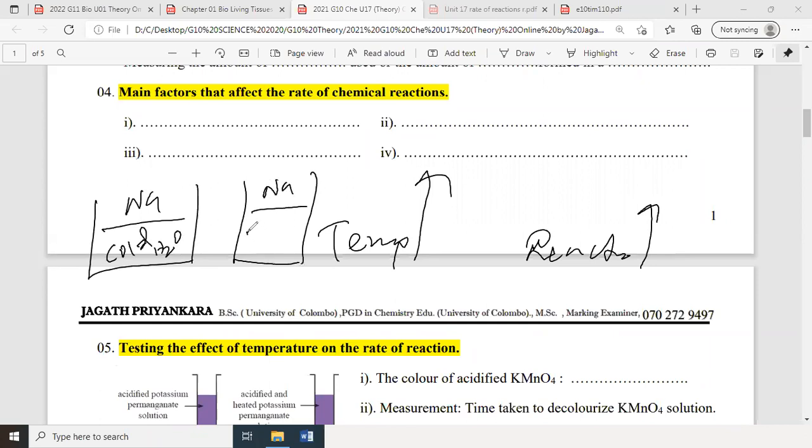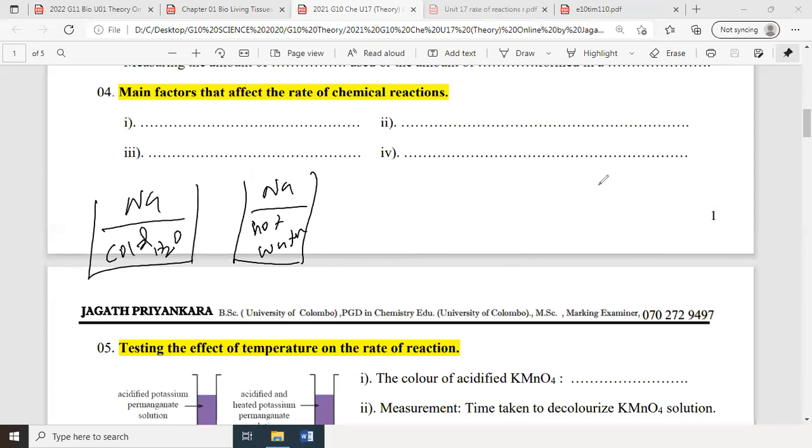Sodium reacts very fast, even with cold water it reacts very rapidly. Sodium reacts with hot water faster than with cold water. Why? When the temperature increases, rate of reaction increases. With hot water you will get the product fast. Sodium will disappear fast with hot water. Therefore, one factor that will affect the rate is temperature.